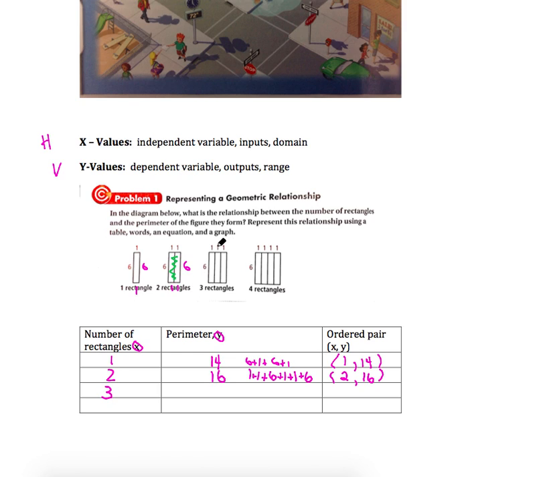If you notice, we have 1 plus 1 plus 1 plus 6, and then plus 1 plus 1 plus 1 plus 6. So if you notice, when I add this up, 1 plus 1 plus 1 across the top, that's 3, plus 6, that's down the left side, that's 9, plus 1 plus 1 plus 1, that's the bottom. So now we're up to 12. Remember, 3 plus 6 is 9, plus another 3 is 12.